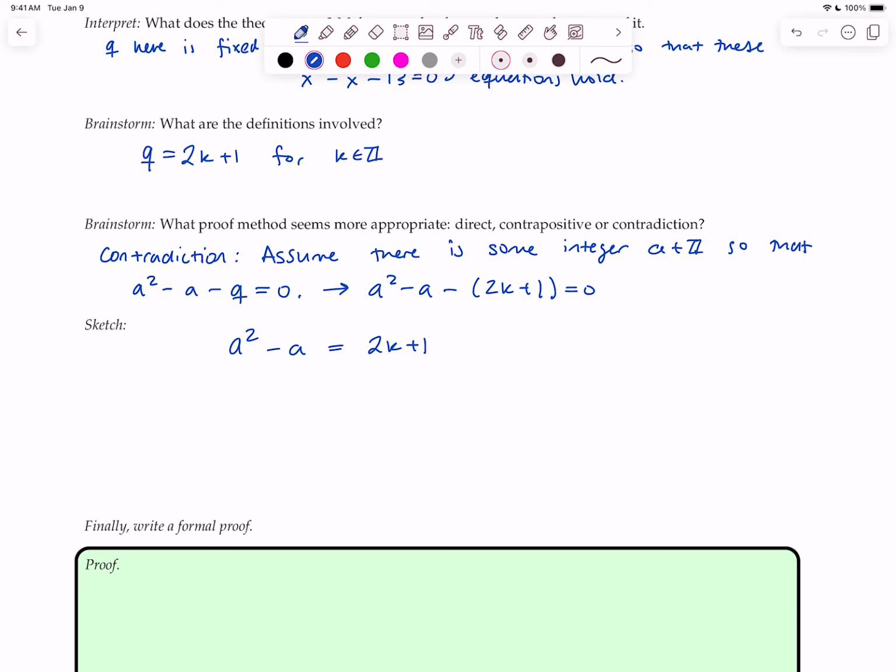And now you're still thinking, okay, what is this supposed to get me? But notably, we have an odd number on one side. And a classic kind of contradiction to get to is to say an even is equal to an odd. That's a really good contradiction to get to.